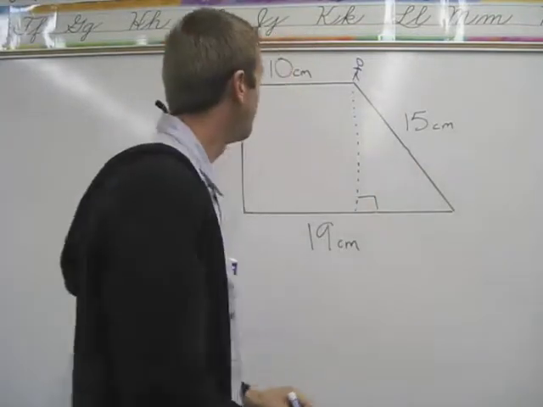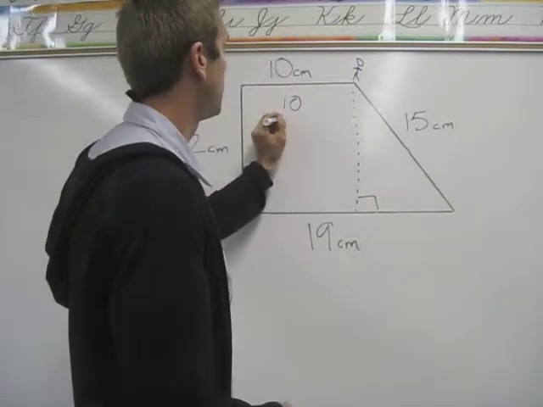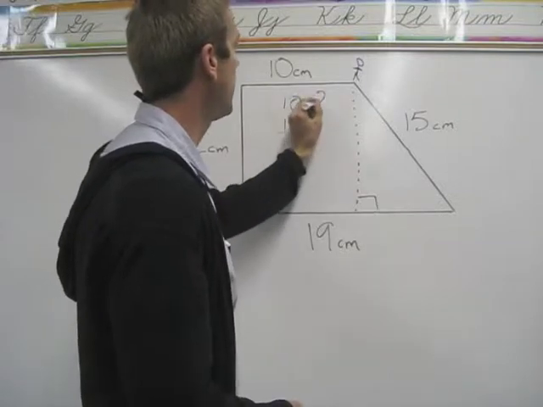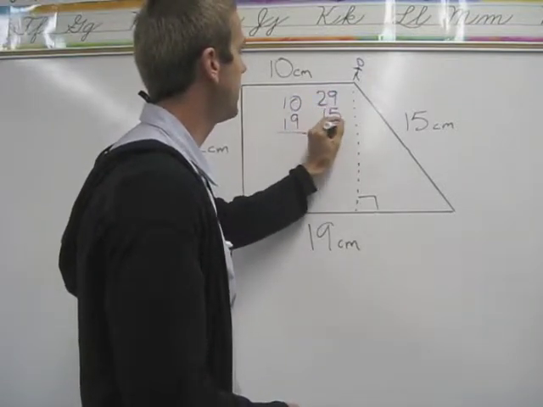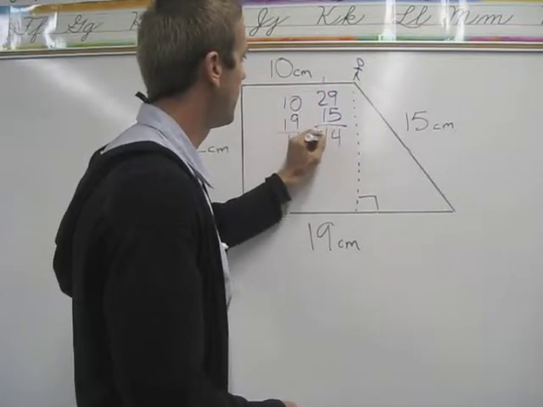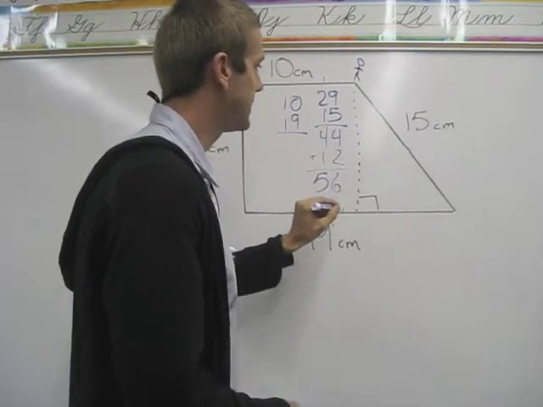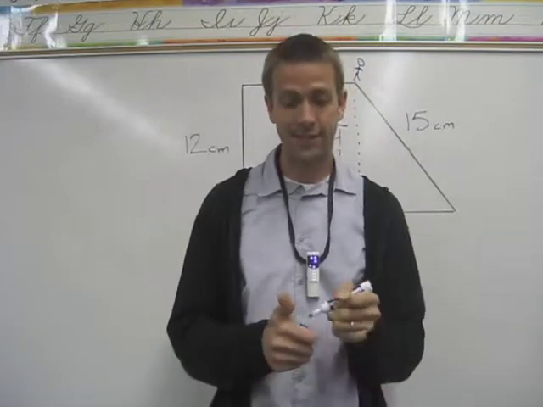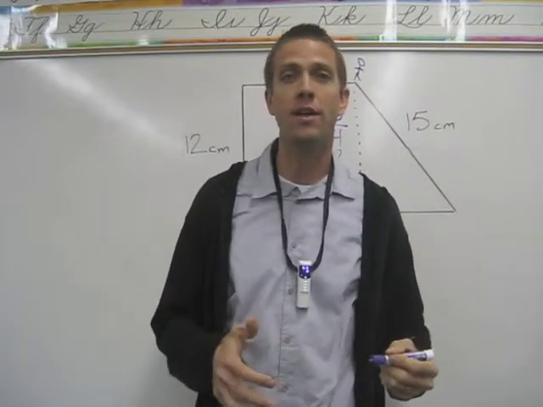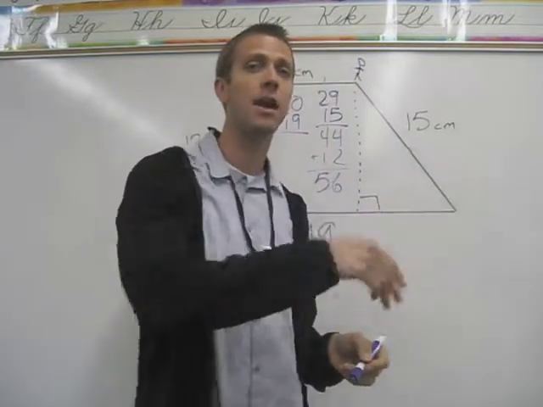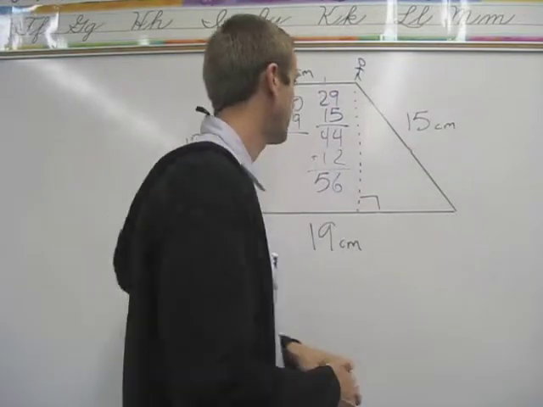Add them all up. 10 plus 19 is 29, plus 15 is 44, plus the 12 that we're missing is 56. And it is centimeters. Now it's not squared because it's length, right? It's the length around, so just 56 centimeters.